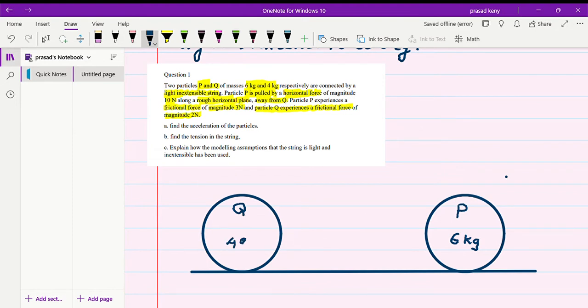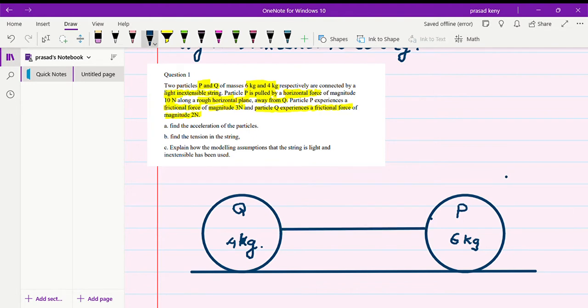And these two particles are connected by a string which is modeled as light and inextensible. So this is the light inextensible string connecting the two particles.